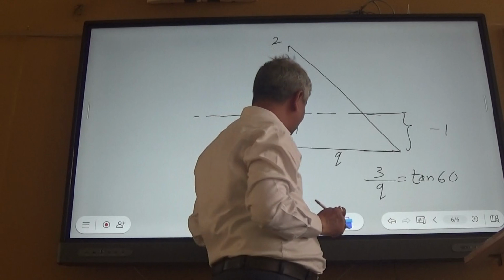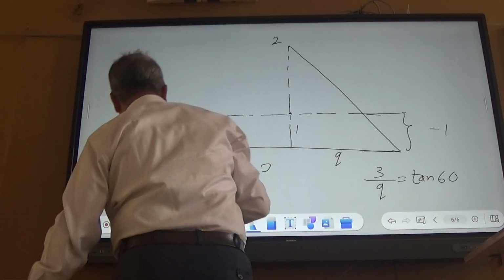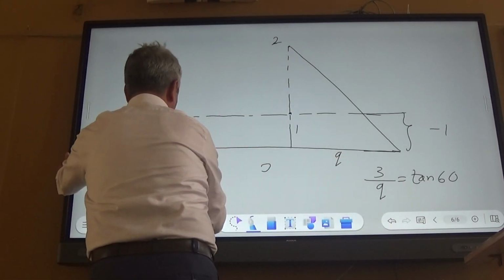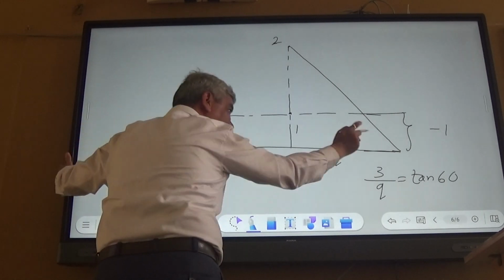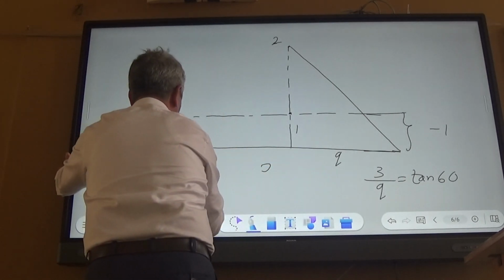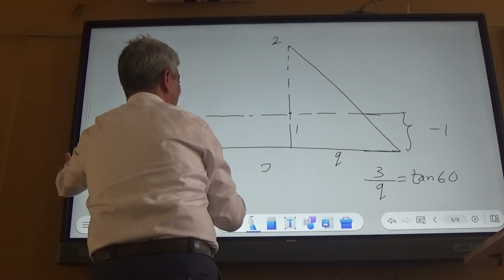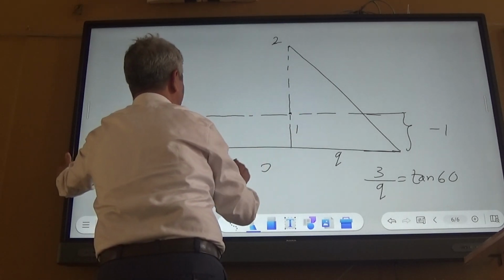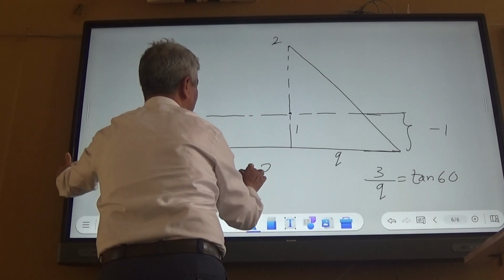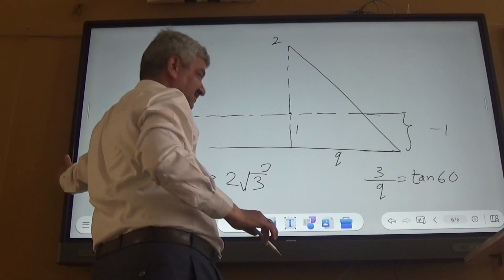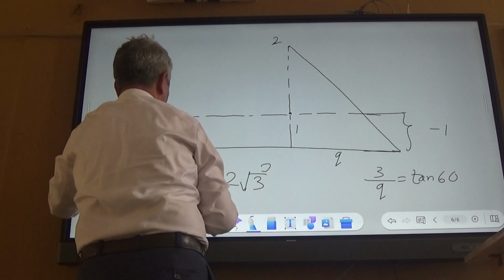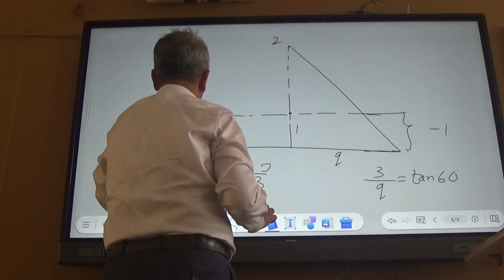So what would be the range, what would be the length at y? Length at y would, when y is -1, it is 2√3 for y equal to -1.